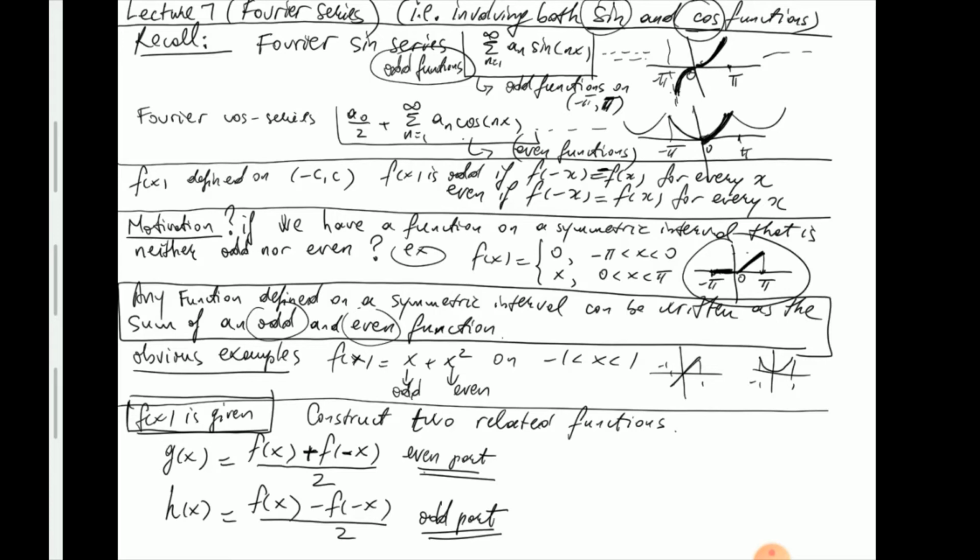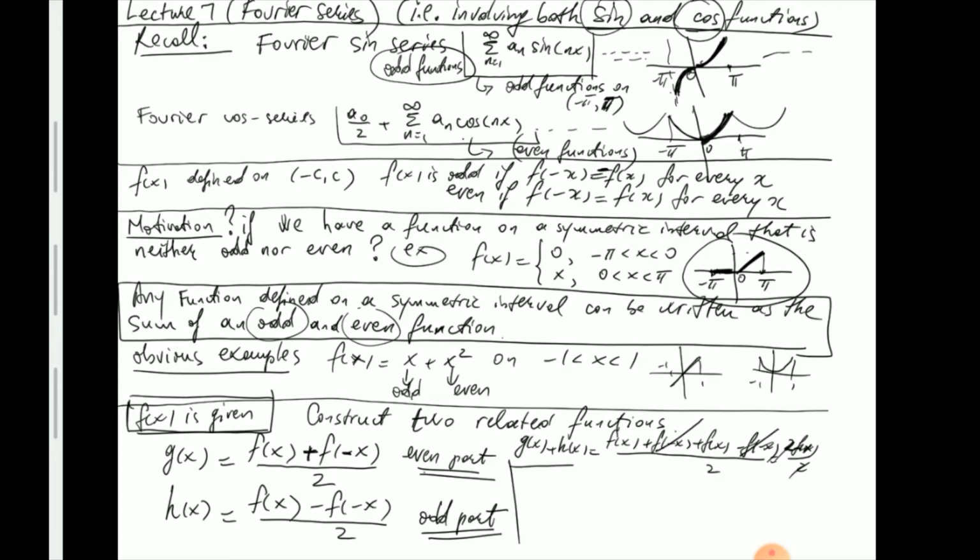Let's check that the sum of the two is indeed f. I hope you can even visualize this. If you add g of x and h of x, the way I defined them, notice that f of minus x cancels. So you're left with 2f of x over 2. So indeed the sum of the two gives you the original function.